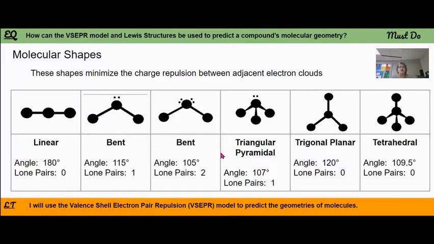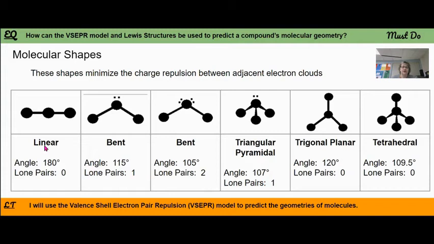Okay. There are 6 basic shapes. You do not need to memorize them. You should have gotten in your packet what we call the shape sheet. It has these pictures on it going the opposite direction, as well as all of the information that you see here.